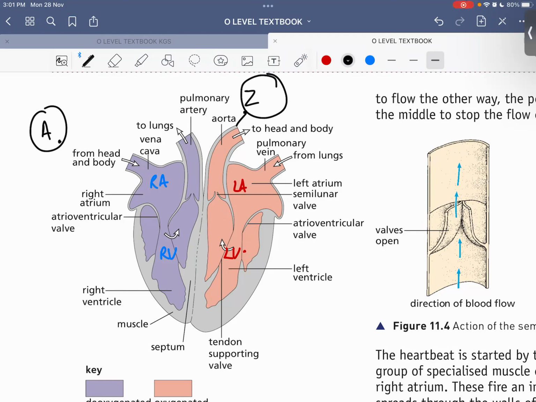Okay. So it's basically the blood from the head and the body will enter through the vena cava into the right atrium, and this blood will go down towards the left ventricle. The right atrium will squeeze the blood and pass it through the left ventricle.